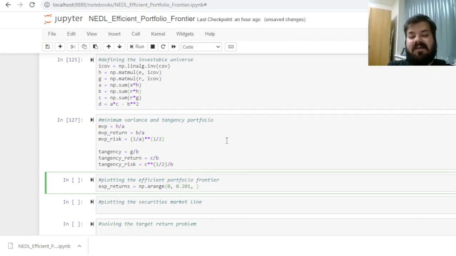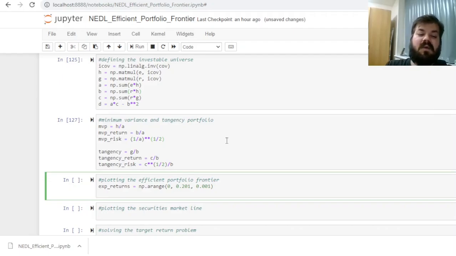That is a very nice way of including 0.2, as NumPy arange is exclusive of the very last bound in the range. And let's go with a step of 0.001, so a step of 10 basis points. That would make our frontier reasonably smooth when we plot it. And then we can calculate our risk of the EPF by using the following function.